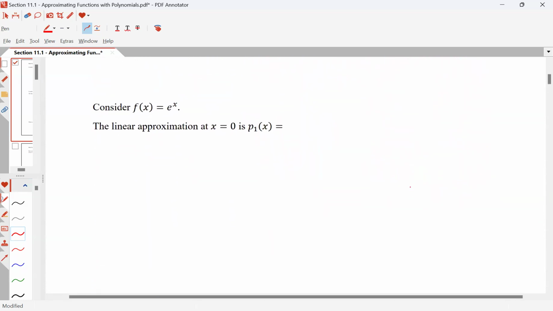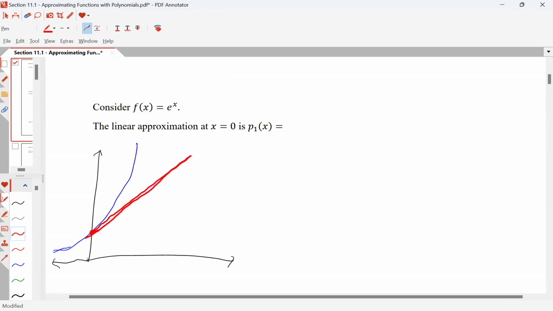Consider f of x equals e to the x, and I want to find the linear approximation of this function at the point x equals 0.